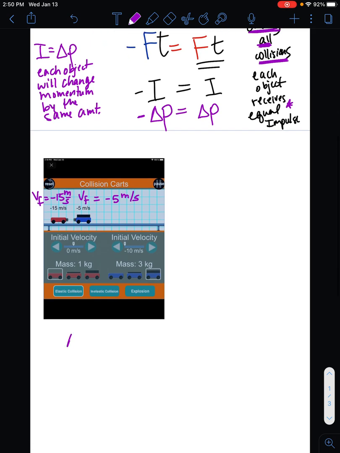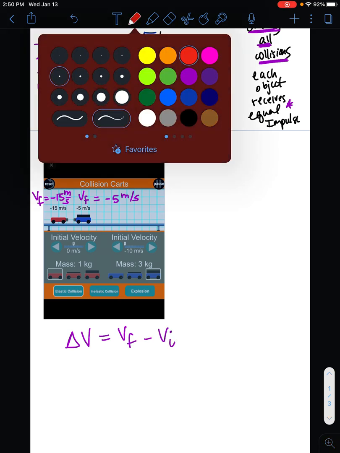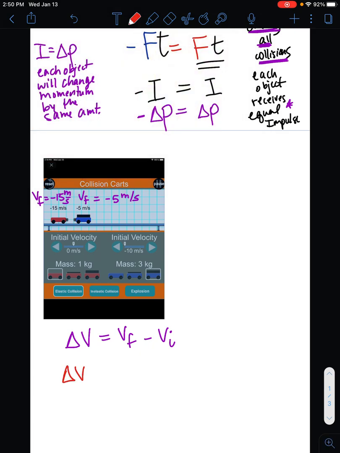Remember that to find our change in velocity, we're going to be doing our final velocity minus our initial velocity. So if we're looking at the change in velocity of the red car, we're going to take its final velocity minus its original velocity, and we're going to see a change in velocity of the red car of negative 15 meters per second.